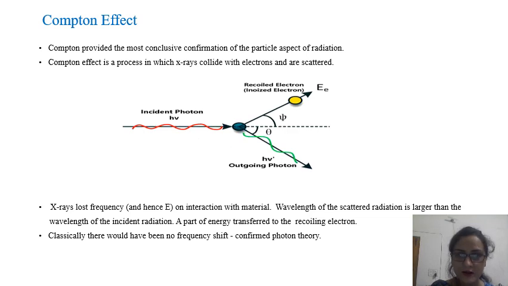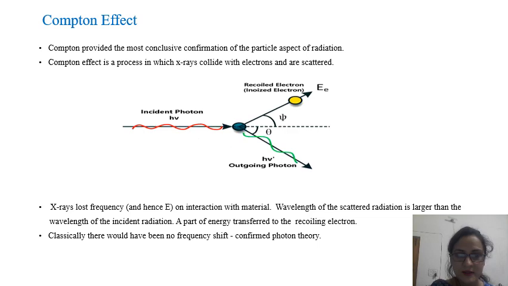You can see here there is an electron. This is the incident radiation. Here the photon strikes it and is scattered with a higher wavelength, and here the electron is recoiled.